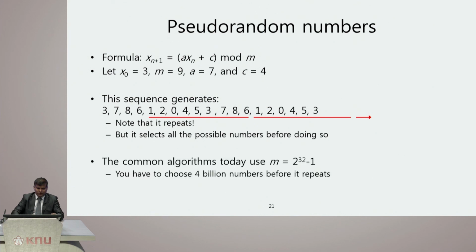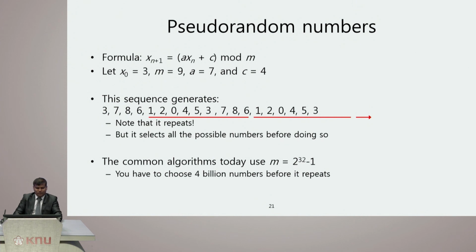And today the computers can generate around 4 billion numbers before it repeats itself. That's quite a lot. In most cases that's quite enough for us to deal with random numbers.